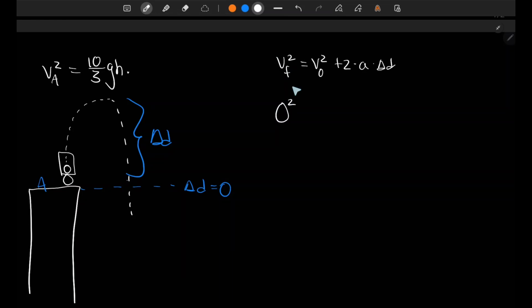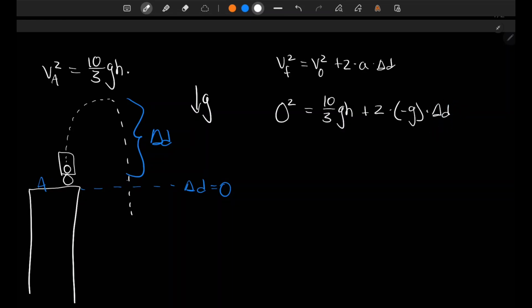So this is going to be 0 squared is equal to v naught squared, so the initial velocity squared. But this guy is the initial velocity. We just found that. So we can just plug in the initial velocity squared, which is 10 over 3 gh. And then we add 2 times, what's the acceleration? Well, remember, gravity points down, so that's going to be 2 times negative g times delta d.